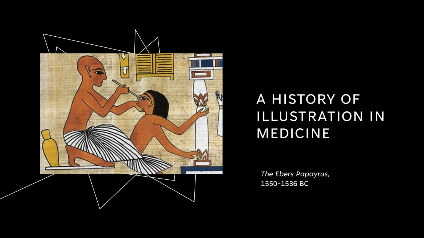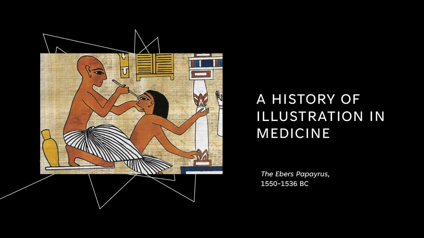Illustration has always existed in some capacity when it comes to medicine. In fact, the use of illustration in medicine has a long history, dating back even to ancient civilizations. In ancient Egypt, for example, medical papyri contained detailed illustrations of surgical procedures and anatomical diagrams.